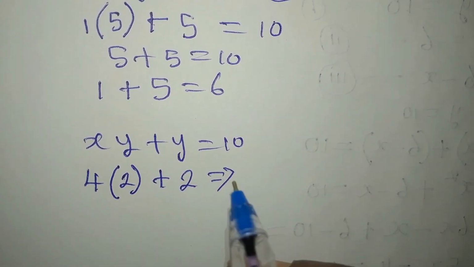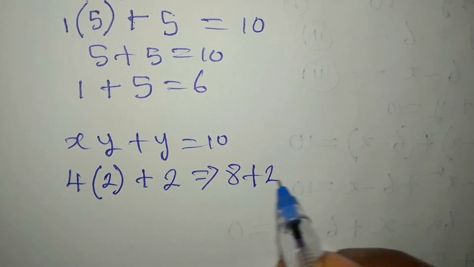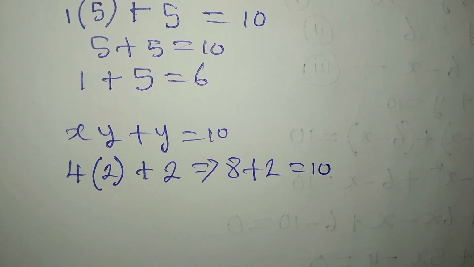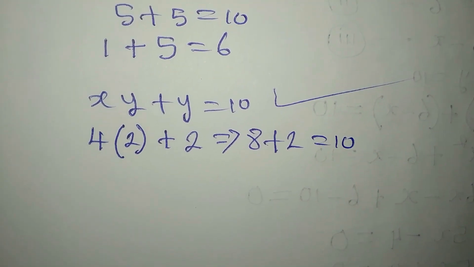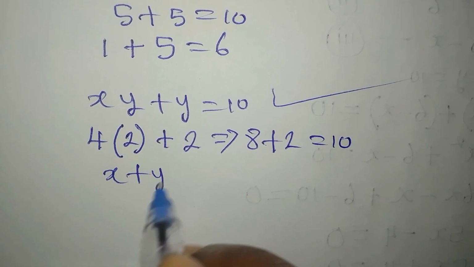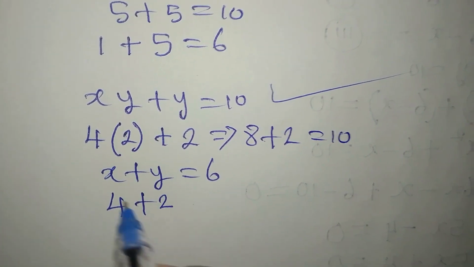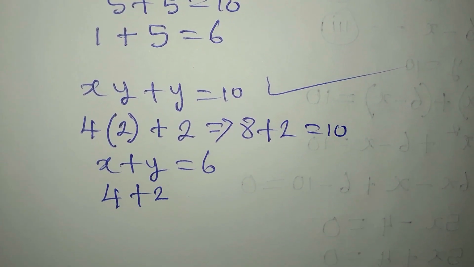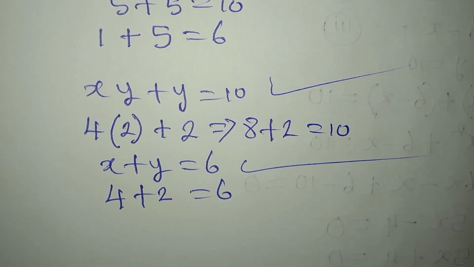This is the same thing as 8 plus 2, which will give us 10. So this has also been satisfied. Then the other equation is x plus y equals 6. Now this is 4 plus 2 because x is 4 and y is 2. This is definitely 6. The second equation is also satisfied.